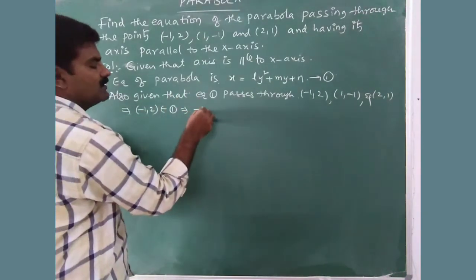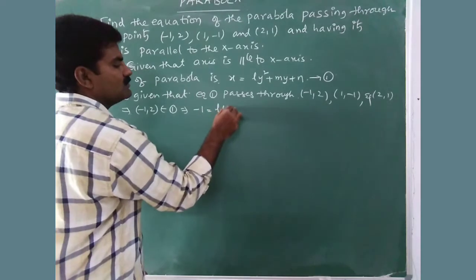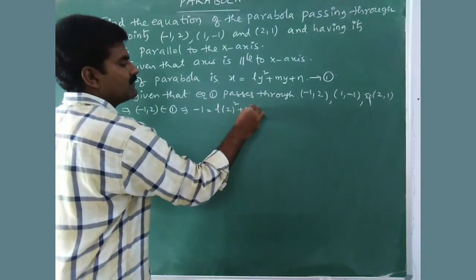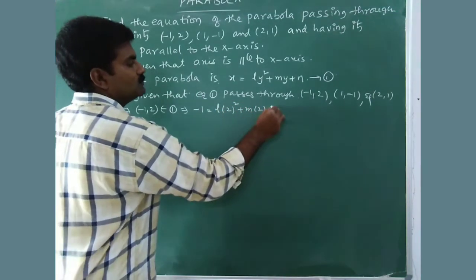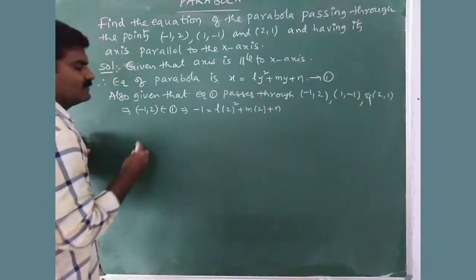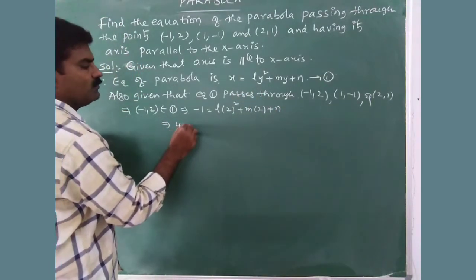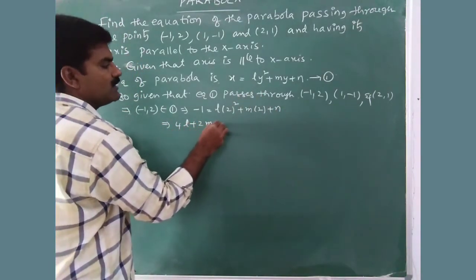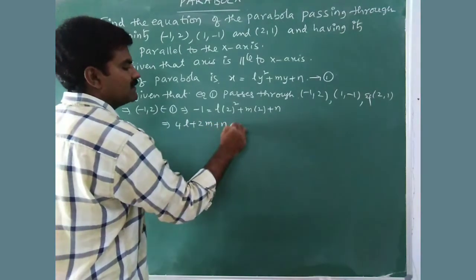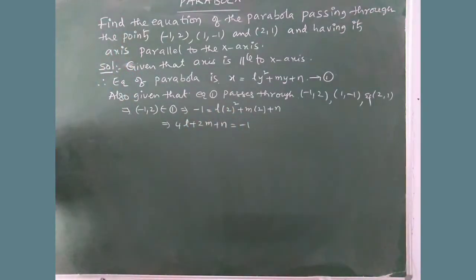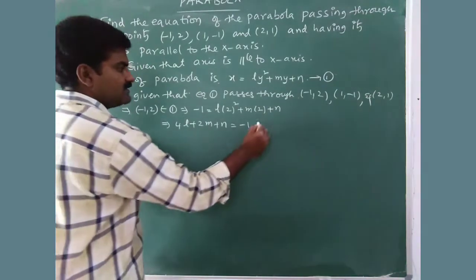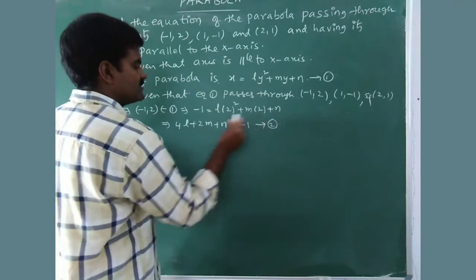That is -1 equals l into 2 square plus m into 2 plus n. So this is 4l + 2m + n, which is equal to -1. Okay, say this as equation number 2.